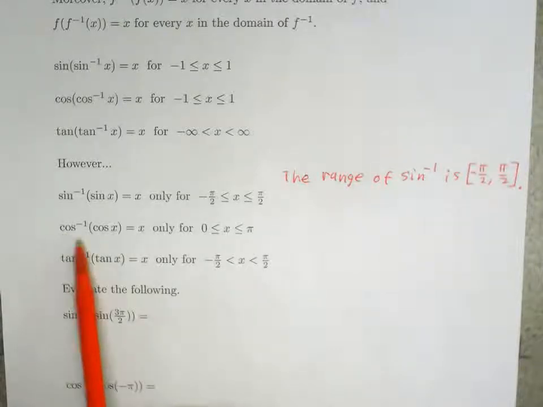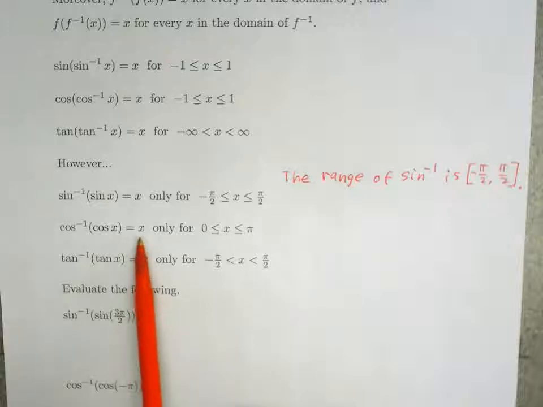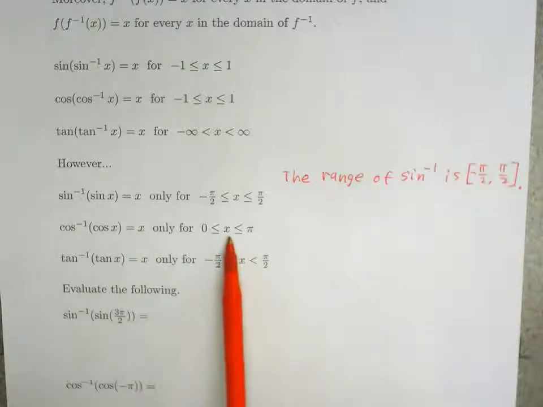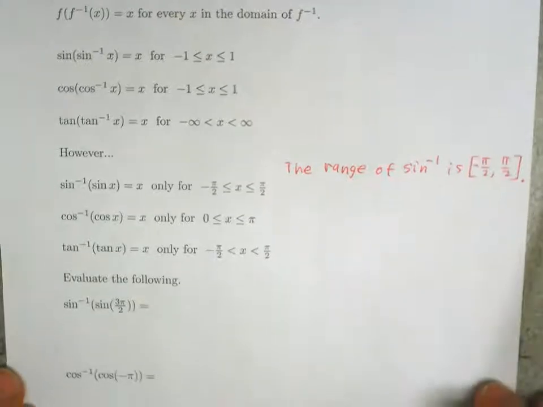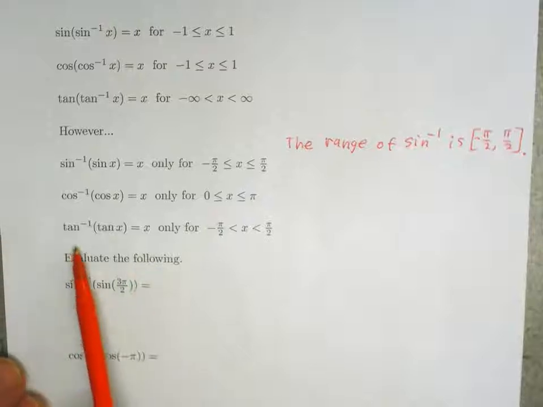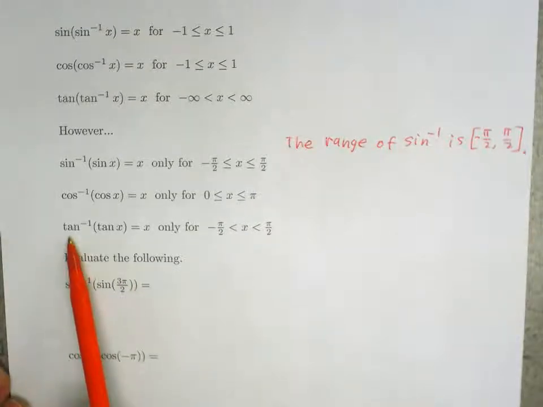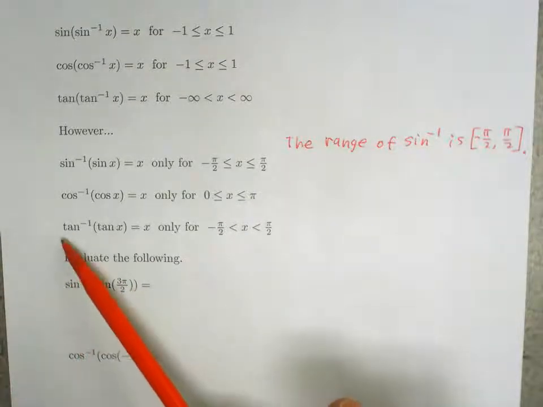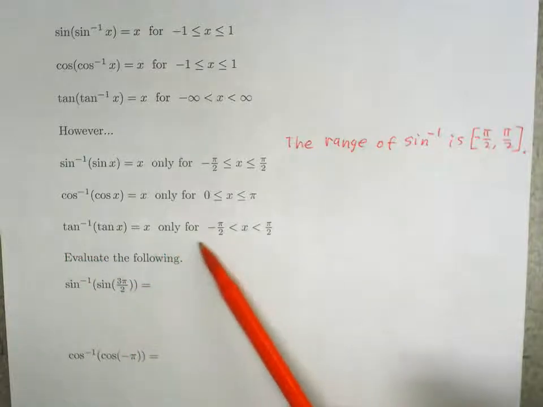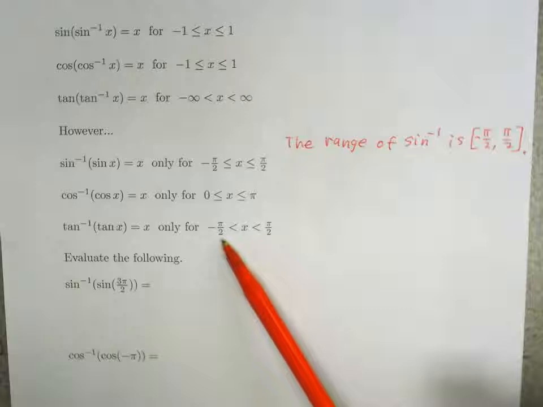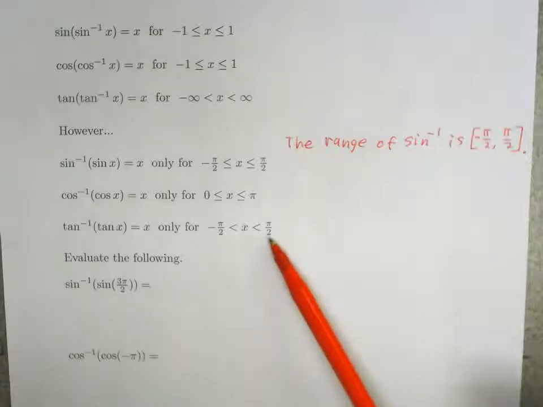The inverse cosine of x equals x only when x is between 0 and pi. And if the outer function is inverse tangent, the inverse tangent of x equals x only for values of x that are strictly between -pi/2 and pi/2.